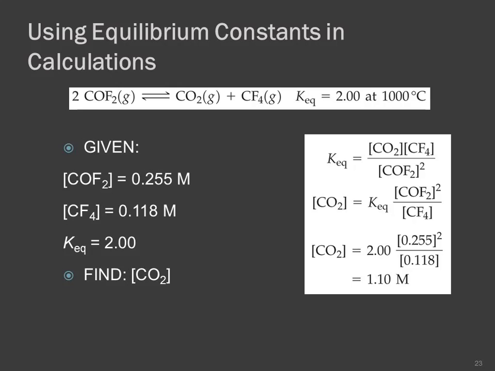And so essentially what I'm doing here, let's get a visible color, is I'm moving this up here, and I'm moving this down here. And that leaves this on this side. You need reciprocals when you have something in the denominator. So you're multiplying by COF2 and dividing by CF4. Mm-hmm. Yep. Good.